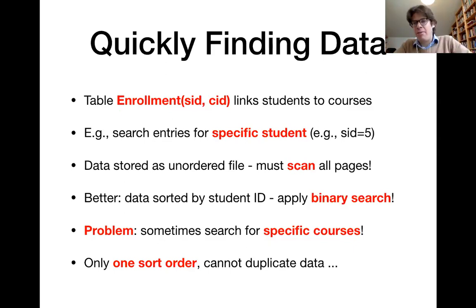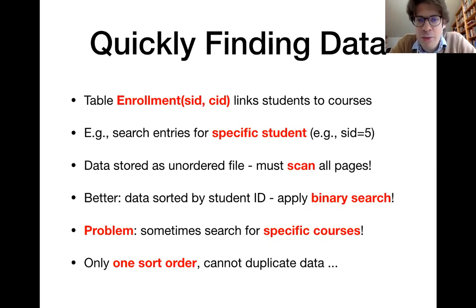Now, to make things a little bit more concrete, think, for instance, of the enrollment table that we have seen in our example database. The enrollment table contains information about the students and the courses that they're taking. So it essentially contains pairs of the student ID and the course ID with the semantics that the corresponding student is taking the corresponding course. And now let's imagine that we are searching for the enrollments for one specific student, for instance.